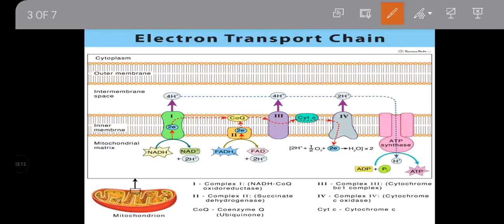But in the process, as it receives the 2 electrons, it pumps protons from the inner mitochondrial matrix into the intermembrane space. Complex 1 pumps about 4 protons.